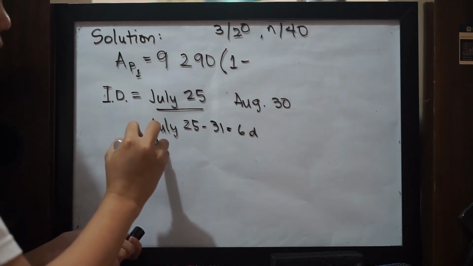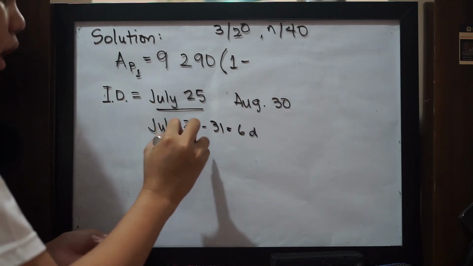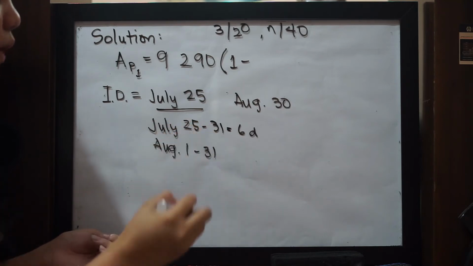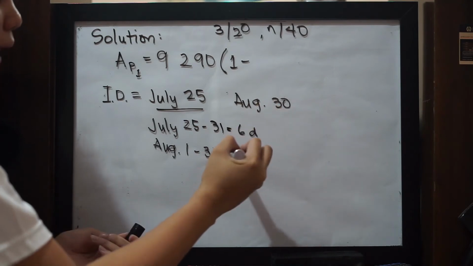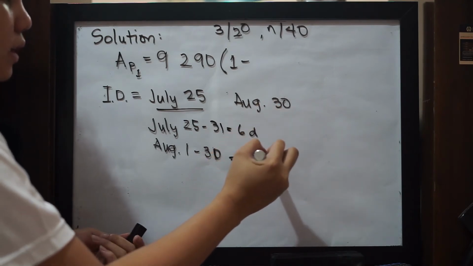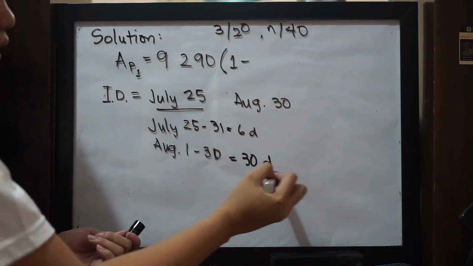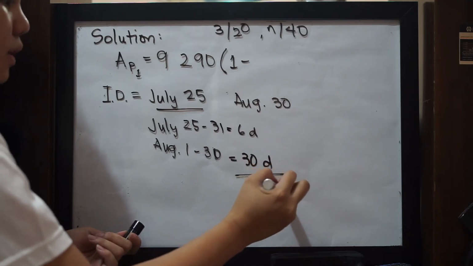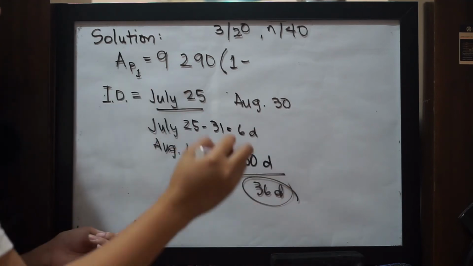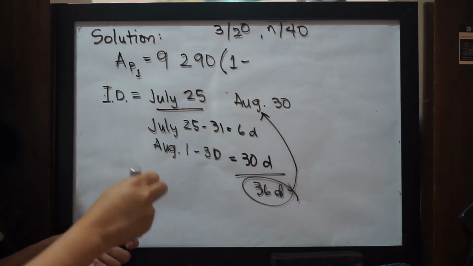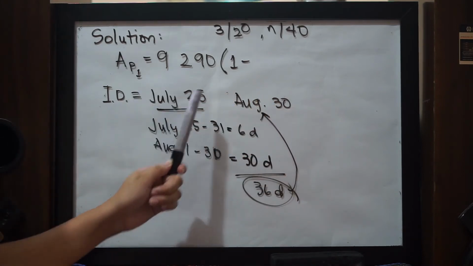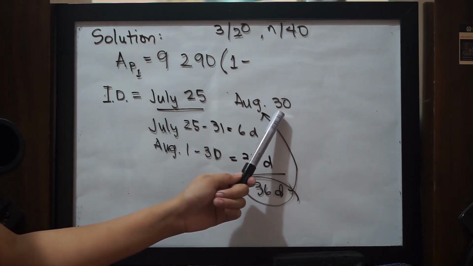Then, we are aware that from August 1 up to August 30, kasi August 30 natin siya babayaran, we have 30 days. So, adding these two, we will come up with 36 days. Ibig sabihin ng 36 days, 36 days yung lilipas from July 25 to August 30.